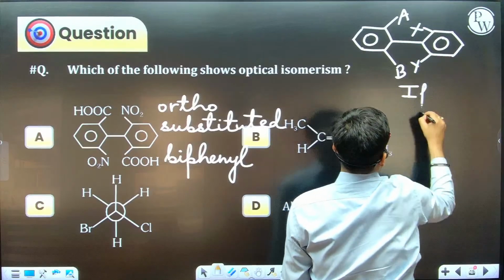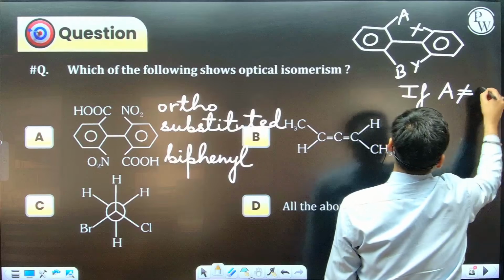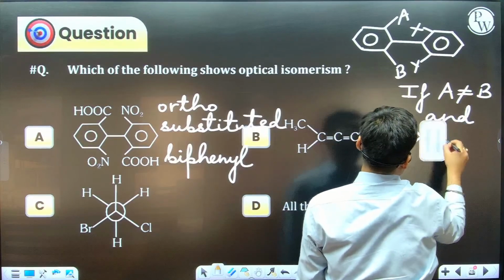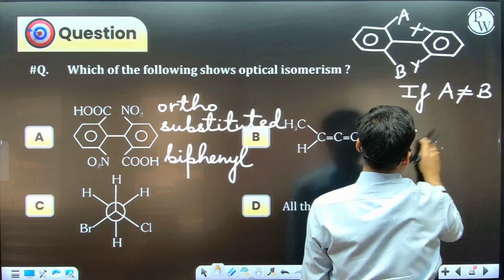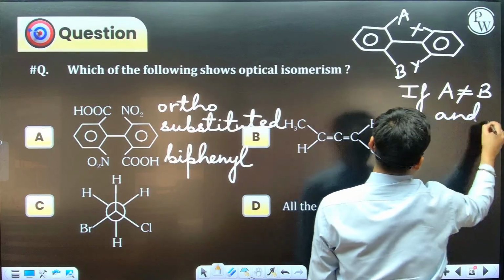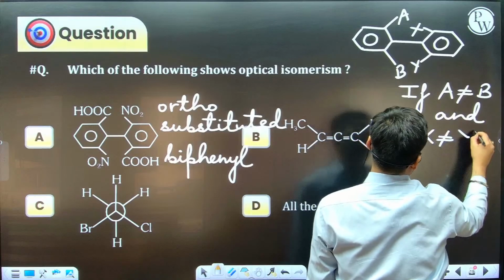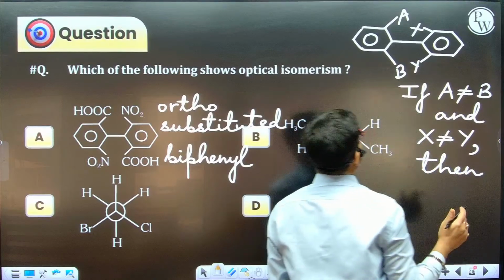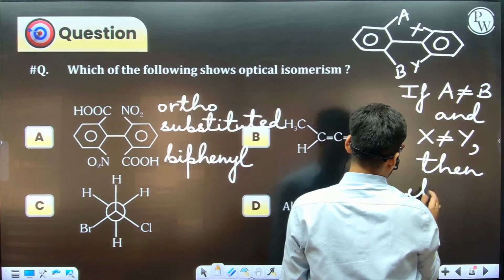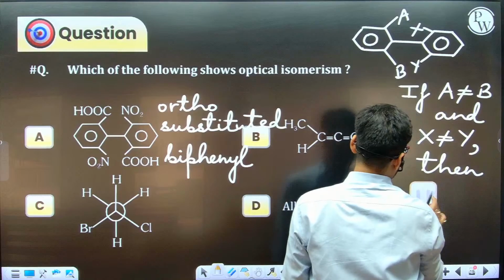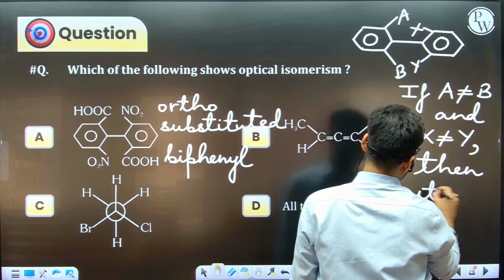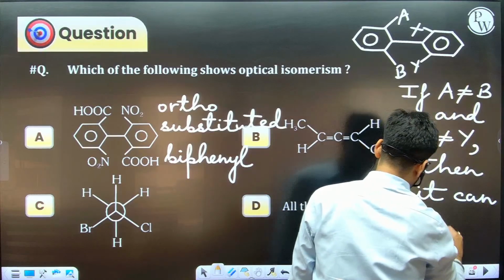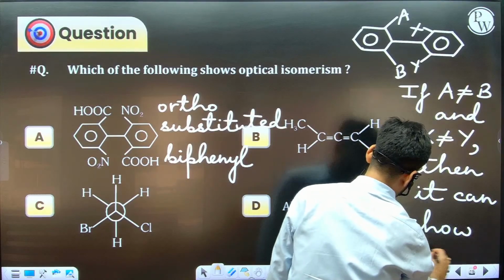If A is not equal to B, and at the same time X is not equal to Y, then it is optically active. Then it can show optical isomerism.